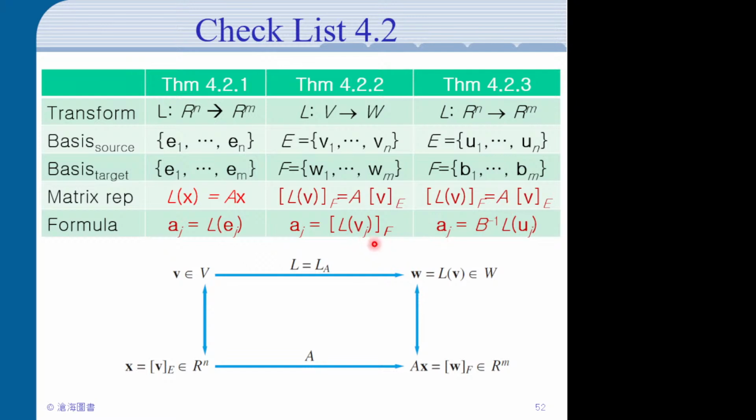So for this Aj, we can basically solve for L of Vj in coordinates F. Vj is just Uj here; we changed the name for whatever reason. So L of Vj is just L of Uj. But the actual thing we do here, finding coordinates in F, is something already done before: a change of coordinates between the standard basis and your basis F, and that's done by multiplying by B minus 1.